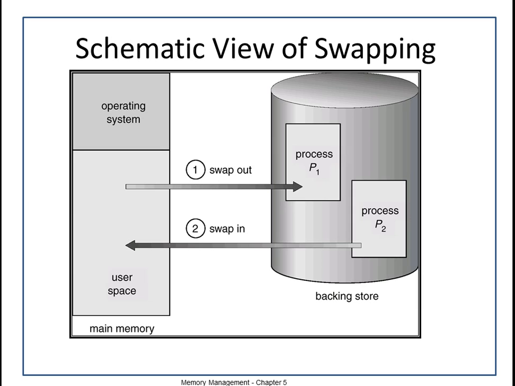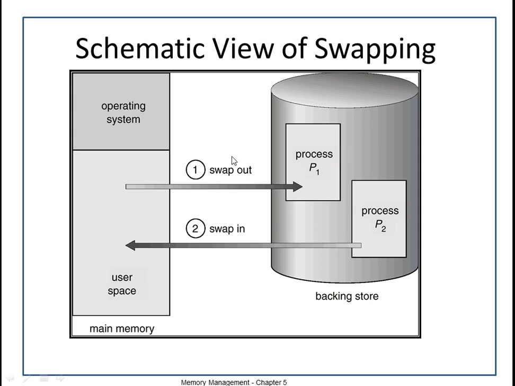This is the diagram of the swapping. Here, this is the main memory which has the operating system at the lowest location, and this is the user space area, and this is the backing storage, that is the secondary memory, that is the disk. There are two processes at the backing storage, P1 and P2.